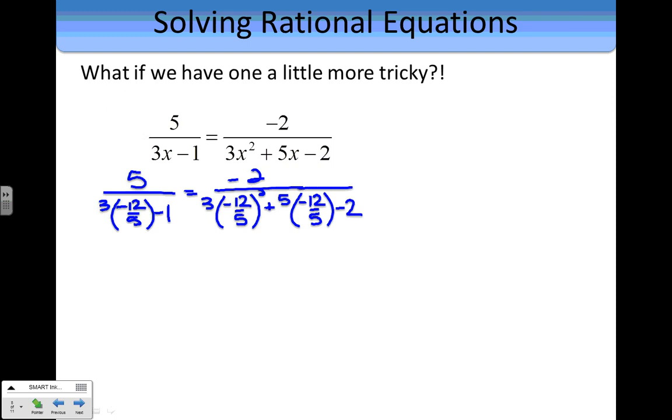And we've got some simplifying to do. So we'll simplify all the denominators first. Okay, we've got a lot of crazy stuff going on in the denominator, so we want to simplify that down to one number. So I have 5 over negative 36 fifths. Okay, so just multiply across, minus, we'll change that to a common denominator because we know we need to subtract that.